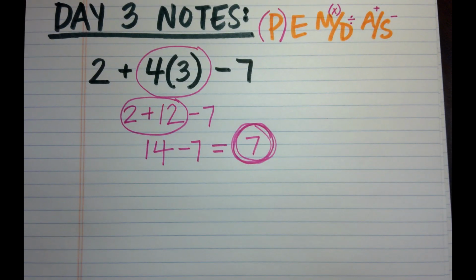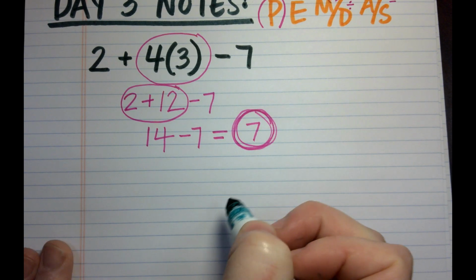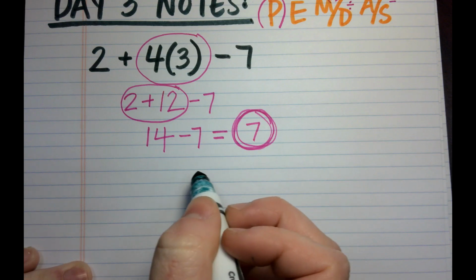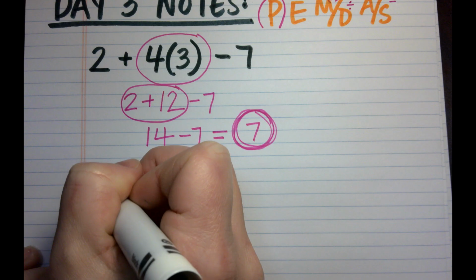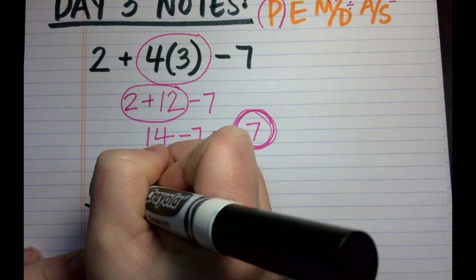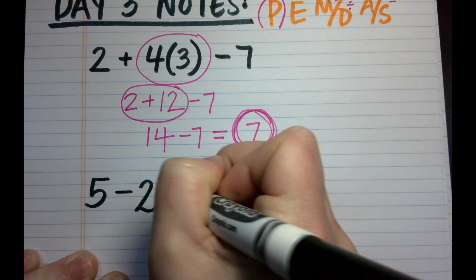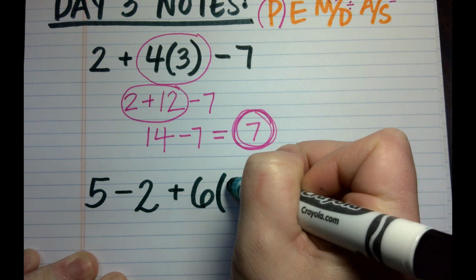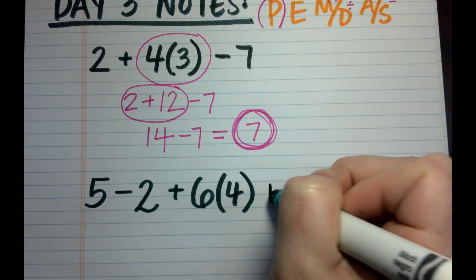Okay. How about... Let's get a tricky one. What if I gave you 5 minus 2 plus 6 times 4 plus 1?